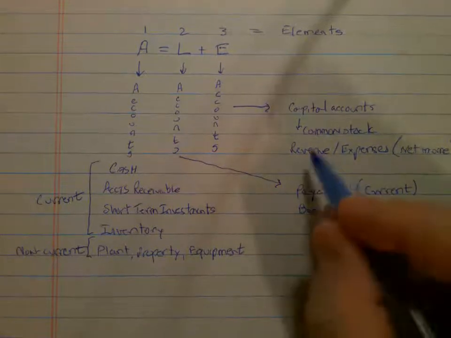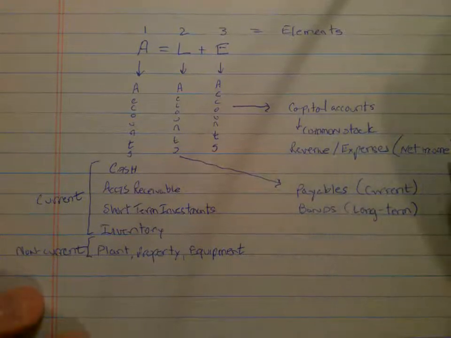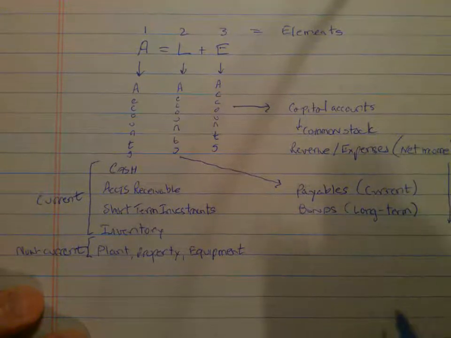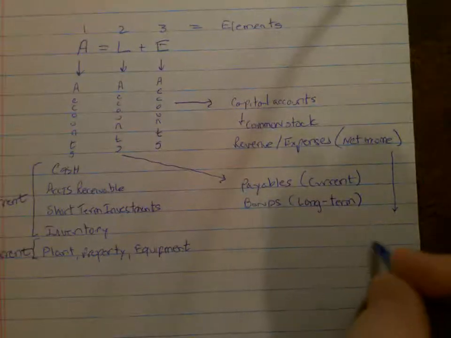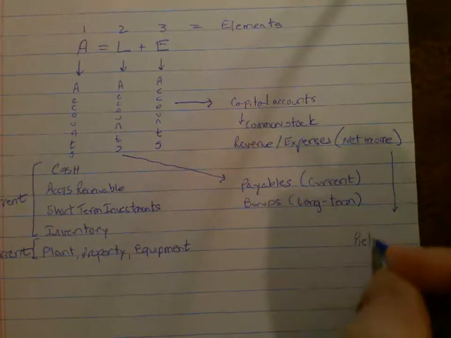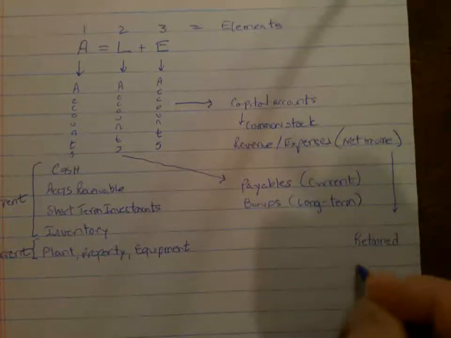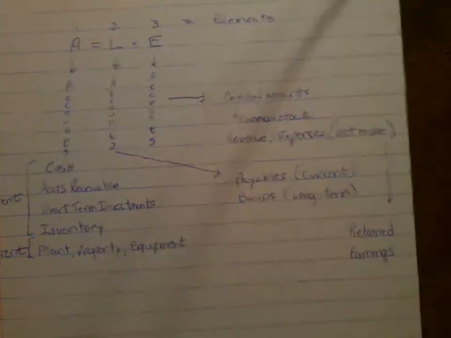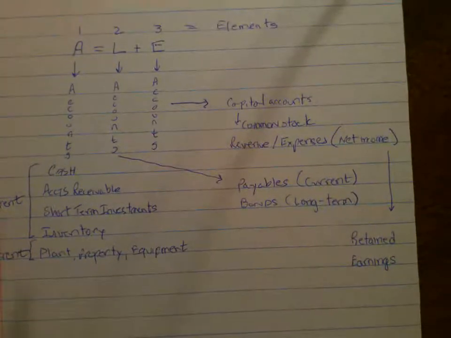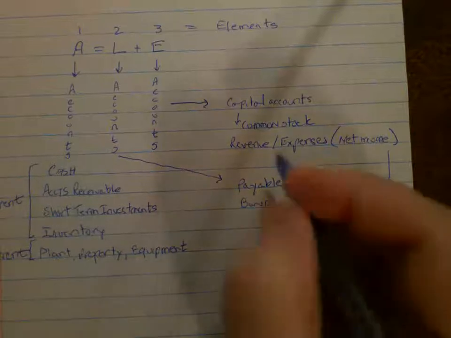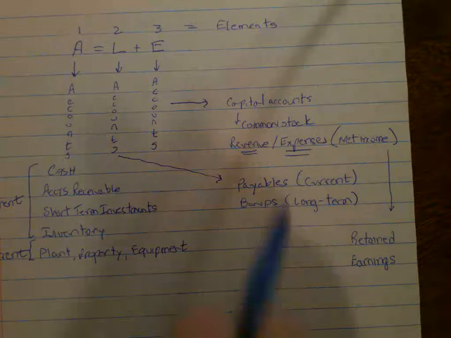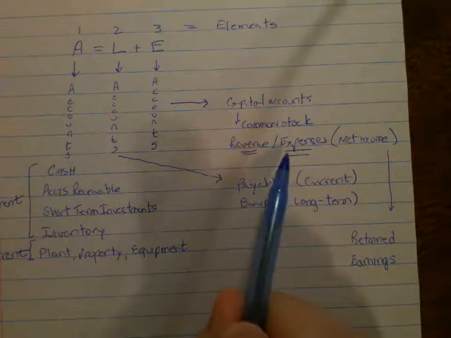So the revenues, expenses, net income, the account you'll see at some point, and you just have to follow my arrows here, is called retained earnings. And that's because these accounts here, revenues and expenses, are what we call temporary accounts.